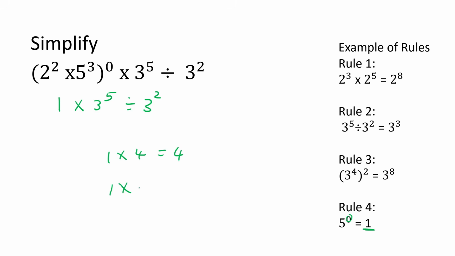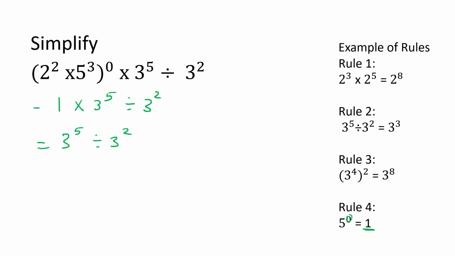If you say 1 times 10, it's 10. By putting a 1 there, can you see that it doesn't change the number? So we don't need this 1 over here. We can just rewrite this entire thing as that, because 1 multiplied by 3 to the 5 is 3 to the 5.